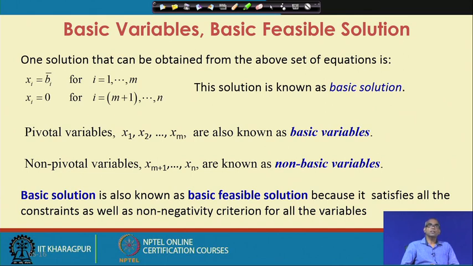And then if I take the first m variables as basic variables, the remaining m plus 1 to n variables as non-basic variables, I can set those non-basic variables to 0 and can solve for the basic variables. The basic solution is also known as basic feasible solution because it satisfies all the constraints.